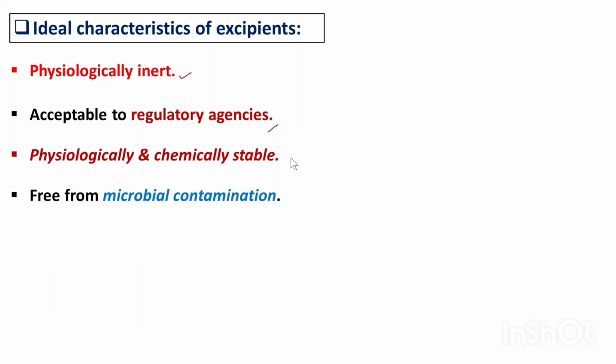If it causes any type of physical or chemical reaction, it will ultimately damage the tablet stability, right? Because a tablet dosage form will last for 2 years or 1 year up to its expiry date. It should be stable and it should be free from microbial contamination.